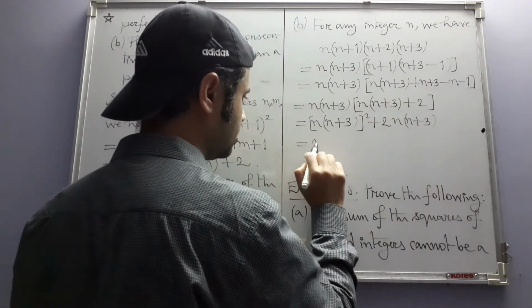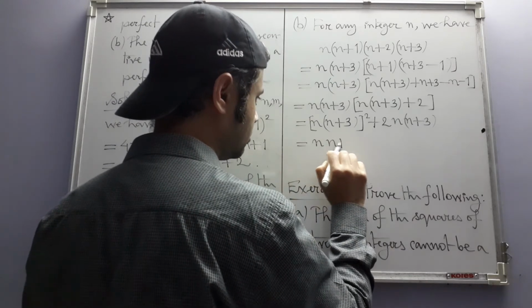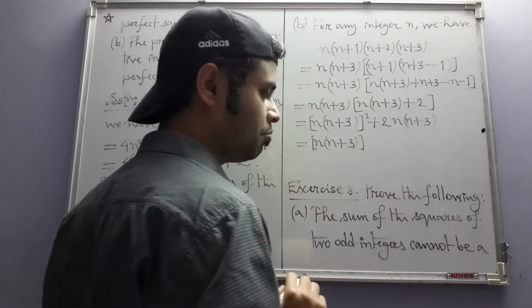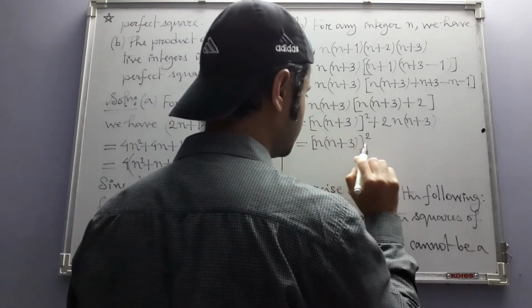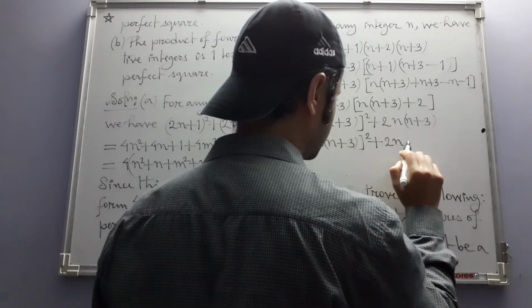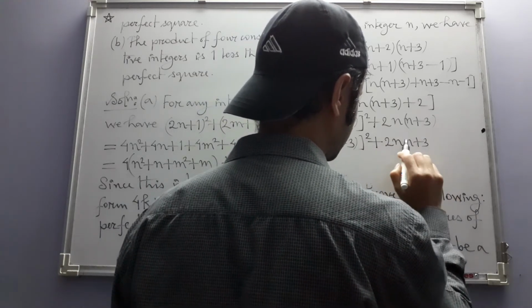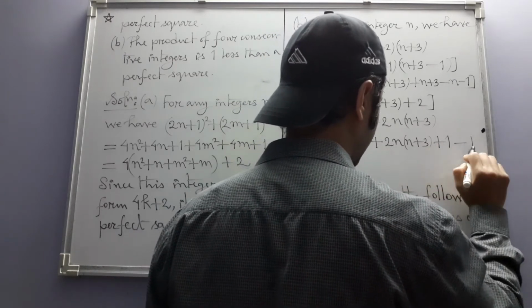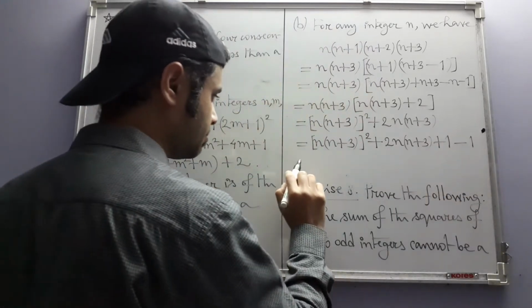So you can see that we almost have a perfect square involving these terms, but we are just missing 1. So we add 1 and subtract 1.